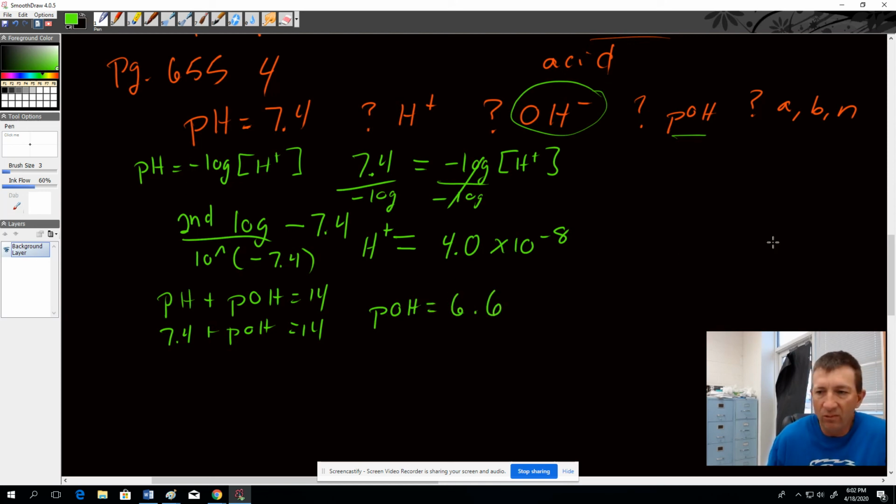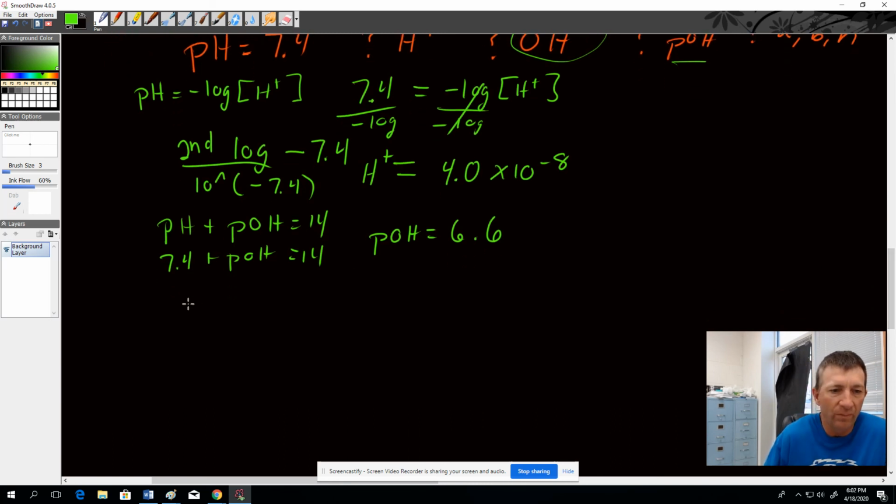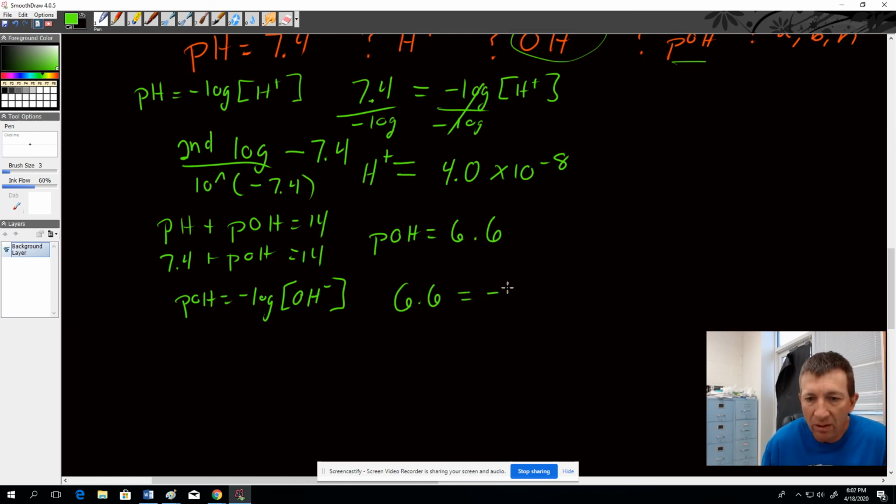Let's use the same formula, but now with pOH. I'll rewrite it: pOH equals negative log of the OH minus concentration. Notice this time I put OH instead of H plus, and pOH instead of pH. Those two have to match up. So pOH, which equals 6.6, equals negative log of our OH minus concentration.